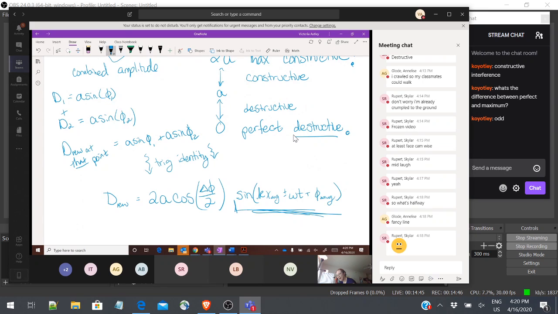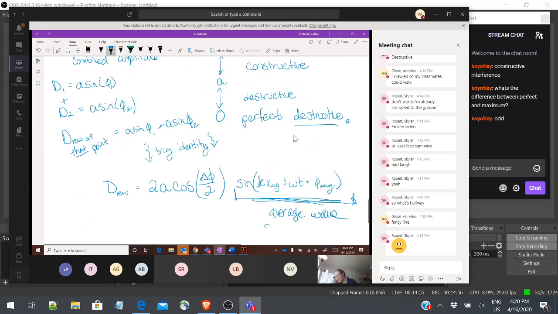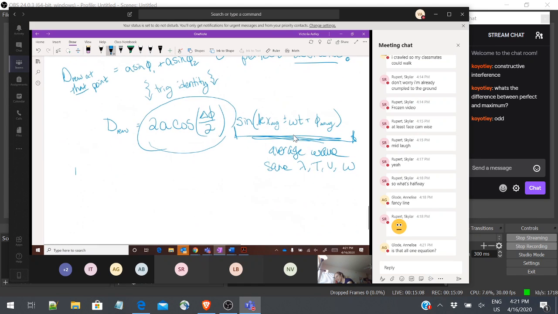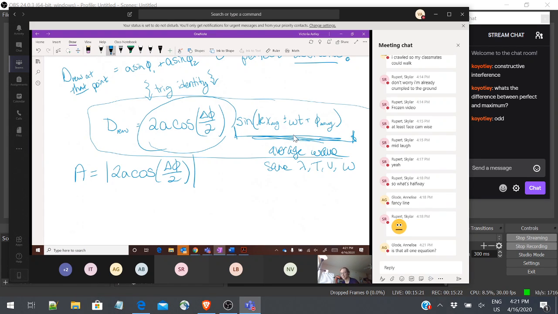Essentially, you end up with the average of your two waves, but it has the same lambda, same t, same v, same all of those things. And then you have an amplitude, A, that is given by the absolute value of 2. Yeah, this is all one equation, but you're never going to use it.